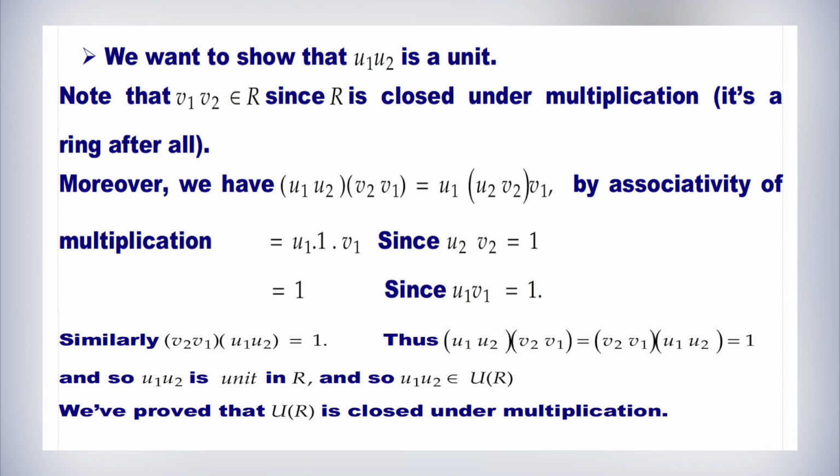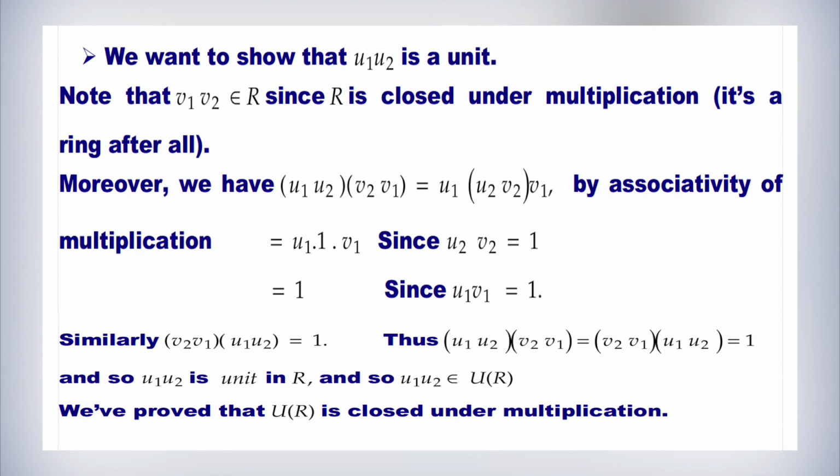Moreover, we have (u1 u2)(v2 v1) = u1 (u2 v2) v1 by associativity of multiplication. That is equal to u1 · 1 · v1 since u2 v2 = 1. That is equal to 1 since u1 v1 = 1.